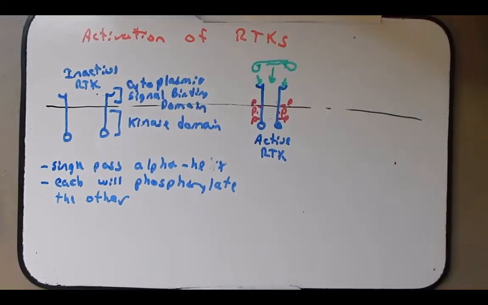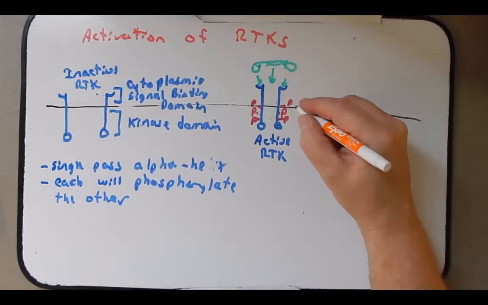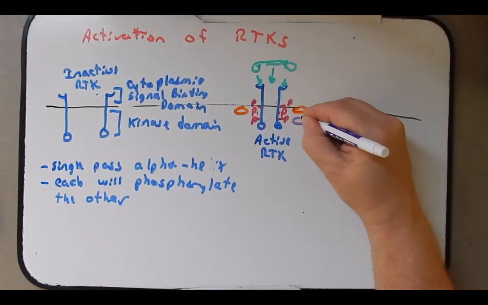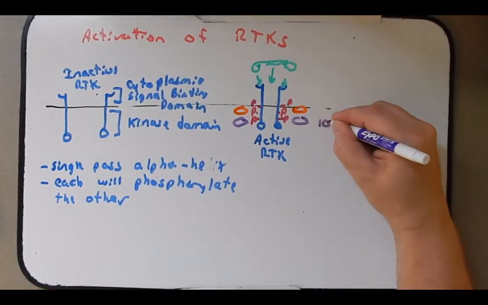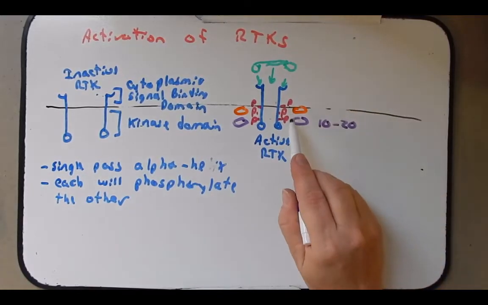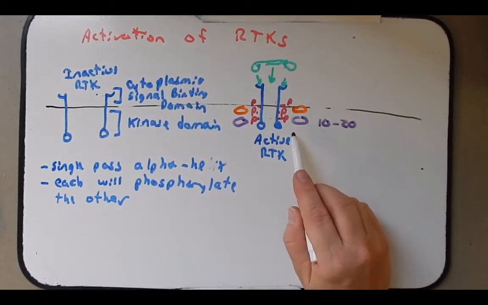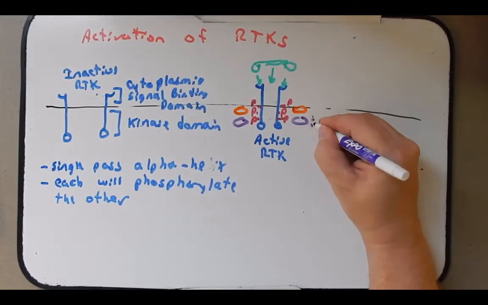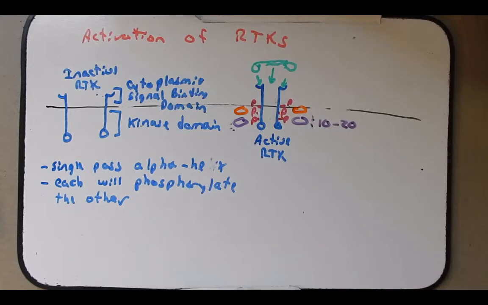phosphates added to it. Now, once it's phosphorylated, it will bind a whole series of intracellular signals. There may be as many as 10 to 20 different proteins or targets that will bind to the active RTK. And now these that just bound to the RTK are active.